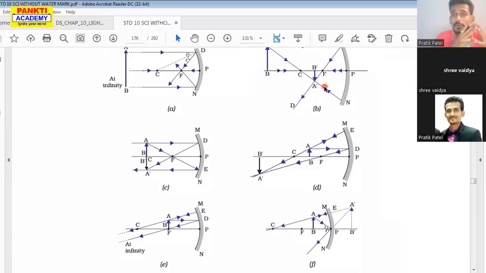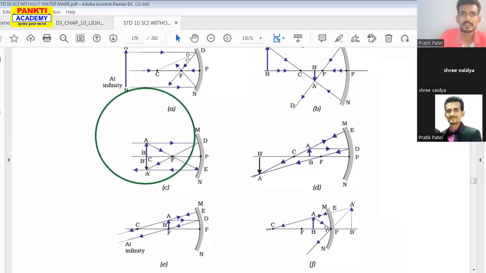Could you explain the curvature again? Curvature radius means the center of the sphere. Suppose you draw one circle.